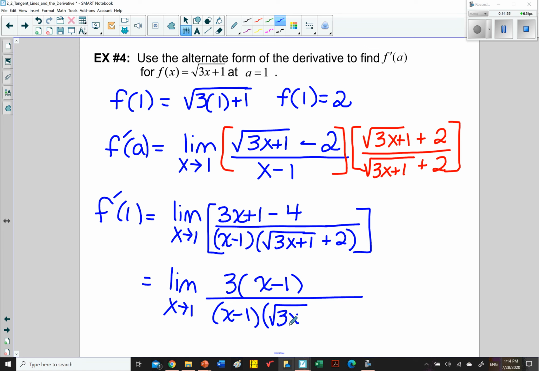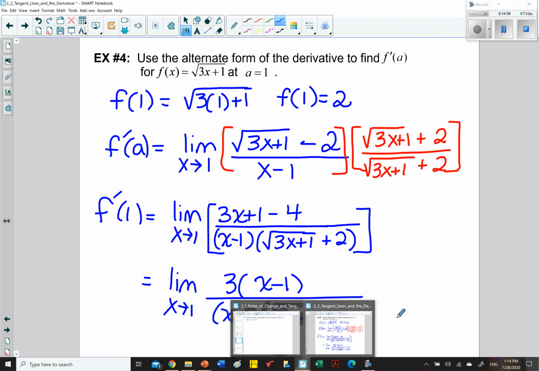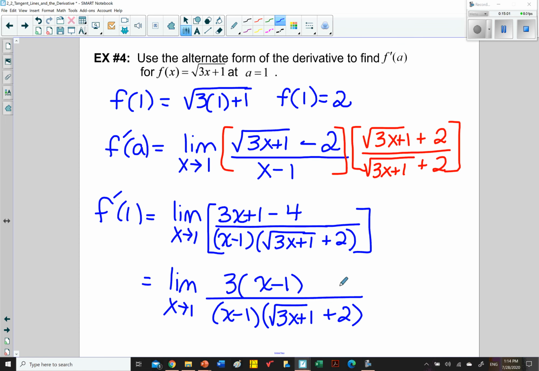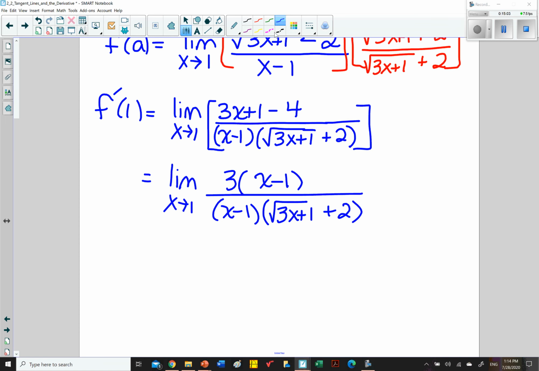And then we can substitute into the end. So without writing again, I'm going to go ahead and substitute 1 into my x value here.